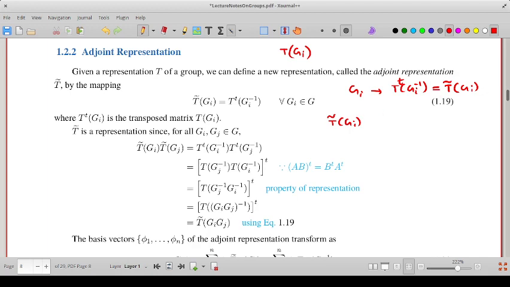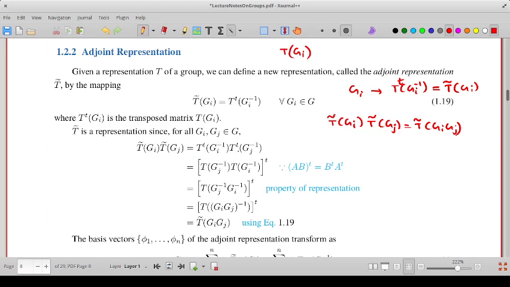We just now need to show that if we have two group elements Gi and Gj, then T tilde Gi times T tilde Gj is equal to T tilde of Gi Gj. To show that, we consider the product of T tilde Gi and T tilde Gj. T tilde Gi is simply the transpose of T of Gi inverse, and similarly T tilde Gj is the transpose of T Gj inverse.